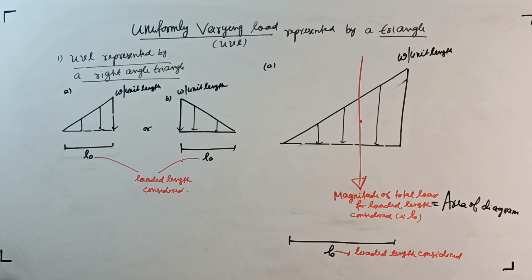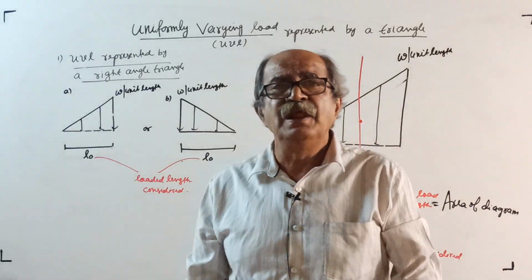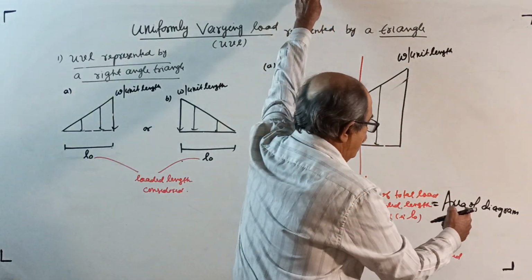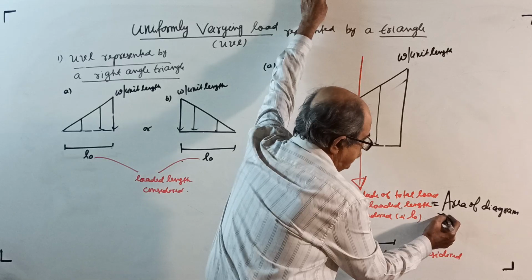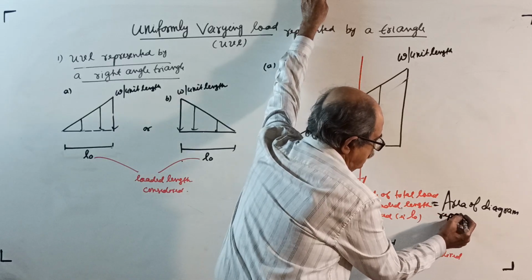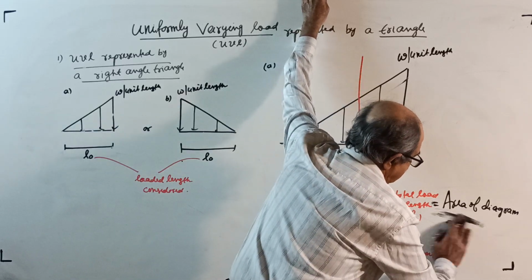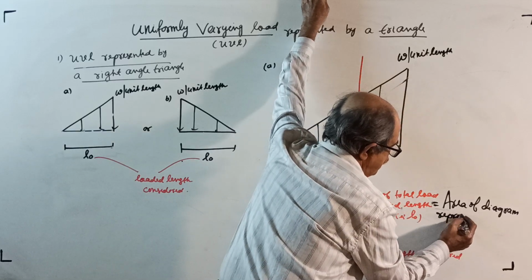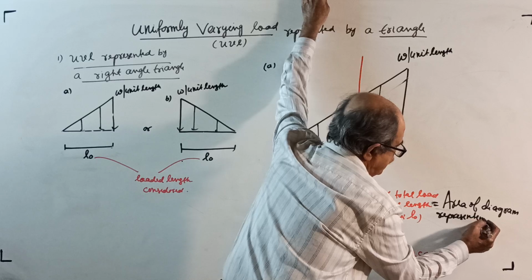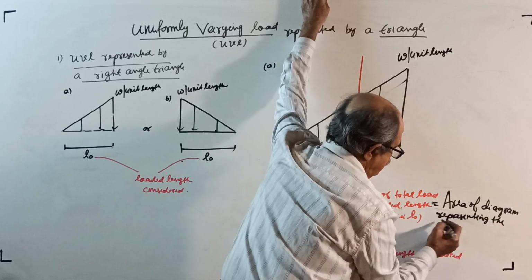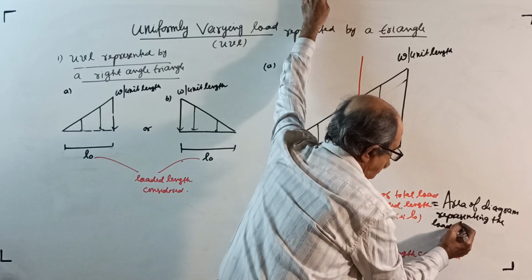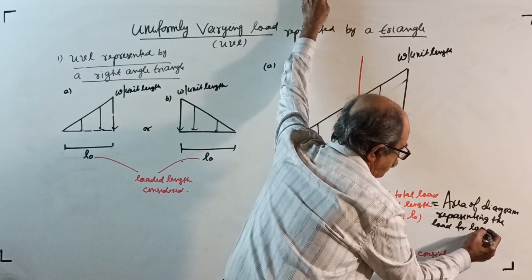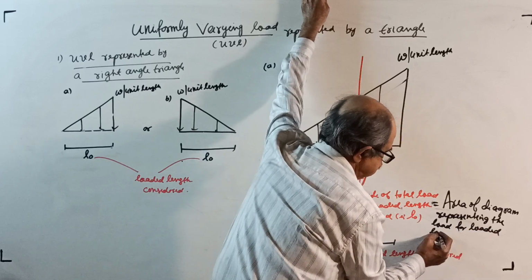Now see, I told UDL, short form UVL, the area you are using is the area of the diagram representing the load, for the loaded length considered.